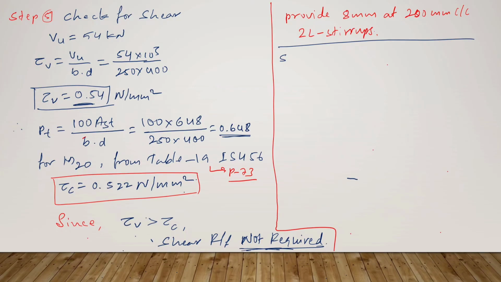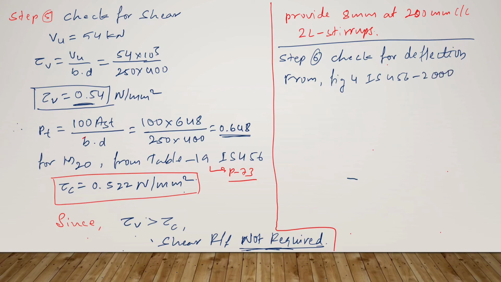Step 6, check for deflection. From figure 4 IS 456 2000 page 38, you will get a value for KT that's equal to 1.3.